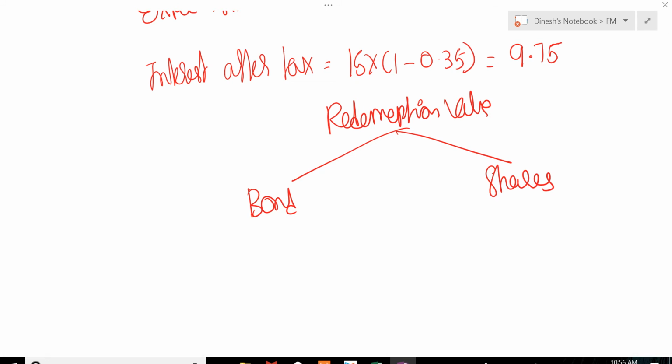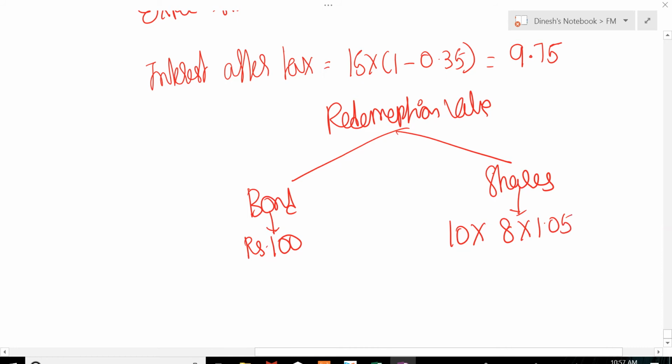If you redeem the bond, you will get rupees 100. If you redeem it as shares, it is 10 into 8 into 1.05 the whole power 5.